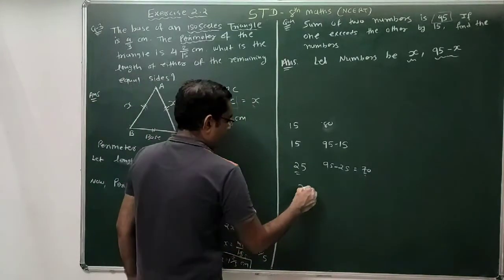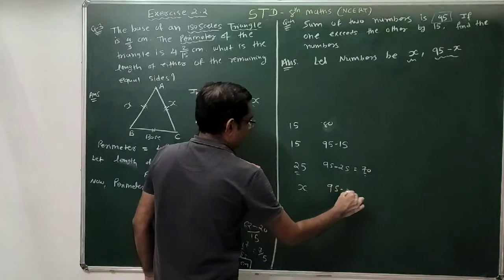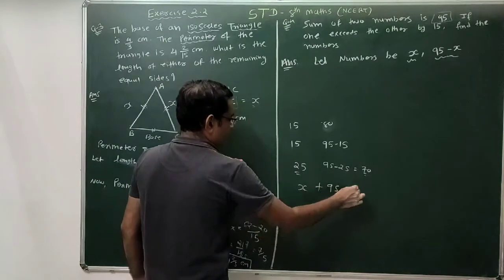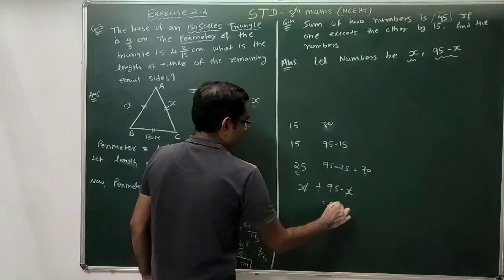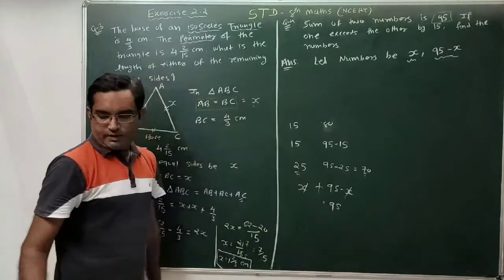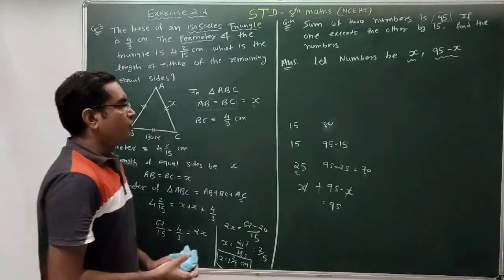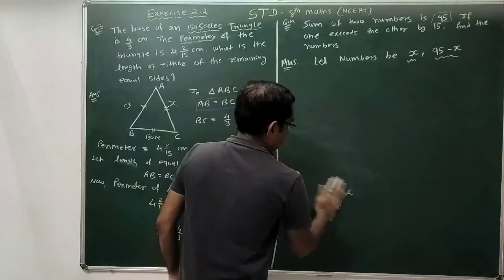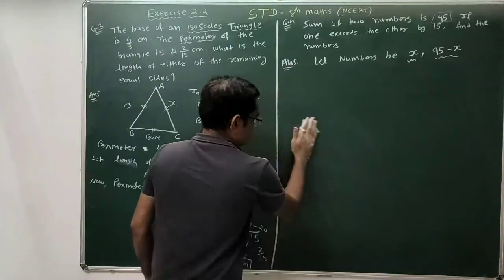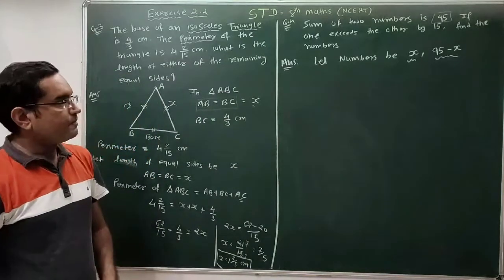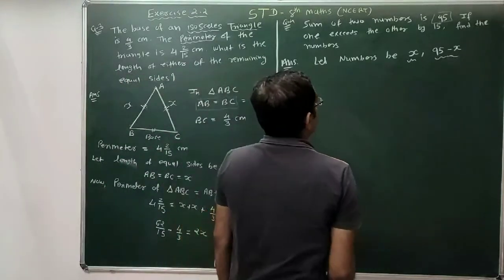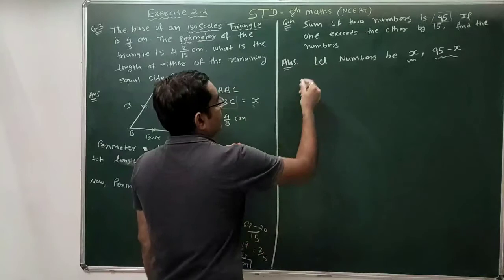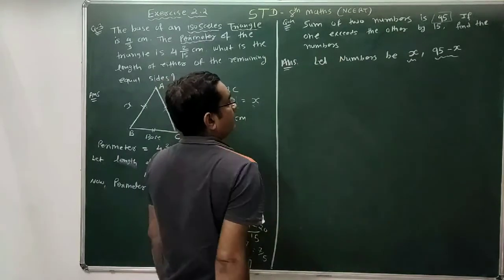Similarly, if number is x, another number is 95 minus x. Therefore, sum of these two numbers is 95. And that's why we assume that two numbers are x and 95 minus x. Clear? So these are the given numbers x and 95 minus x. Also we are given that one number x exceeds another number by 15.